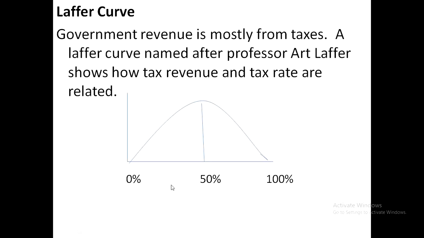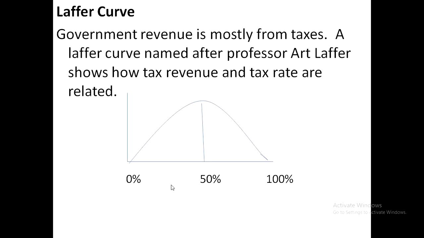So the Laffer curve shows that government can achieve very high taxes if government charges taxes between 0 and 100%. To be specific, Laffer suggested that if government charges a tax rate of 25%, they are likely to raise a higher revenue, and if they charge 75%, they will raise a higher revenue.